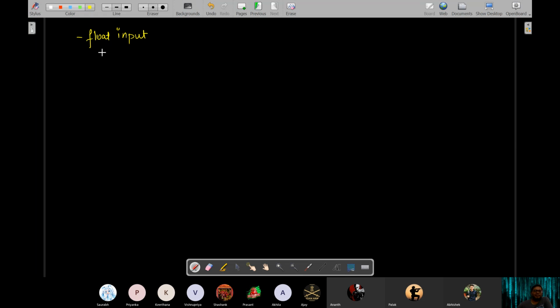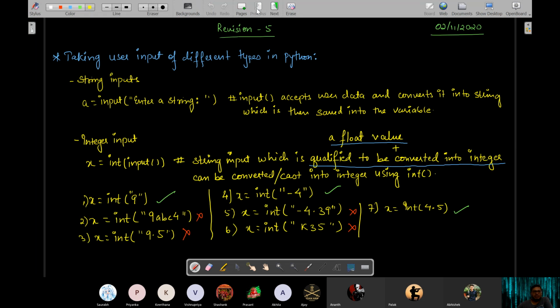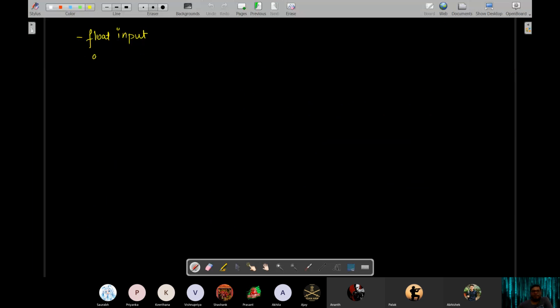Float input के लिए which function is used, मतलब क्या करेंगे इसमें, we will use जैसे a is equals to float, which is used to typecast or convert from string.